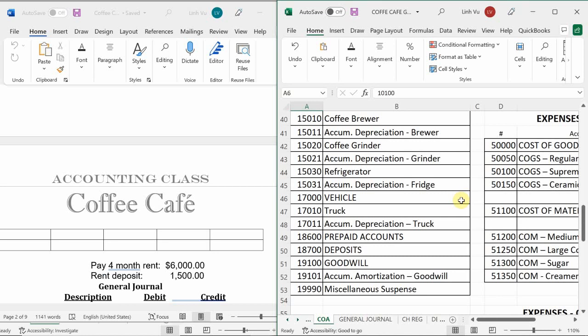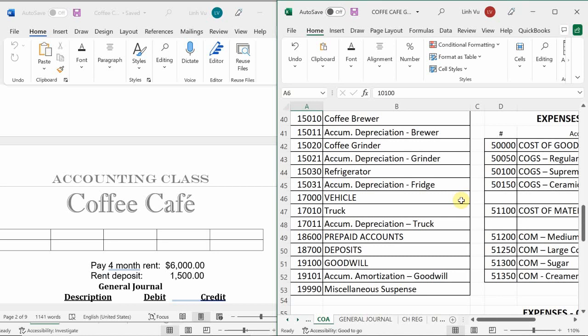We already established that one of those months is going to be used to start our company, so one of those months is going to be used for a rent expense. But you can't use rent expense to represent all the months because you're not using it for the next 3 months. So we're going to consider that as a prepaid account because you made an advance payment for the next 3 months.